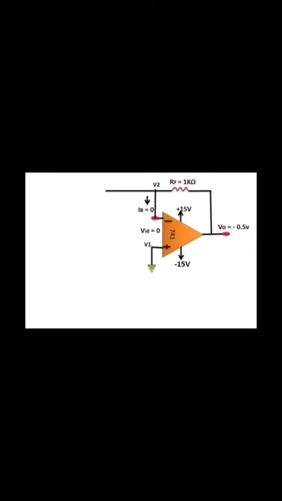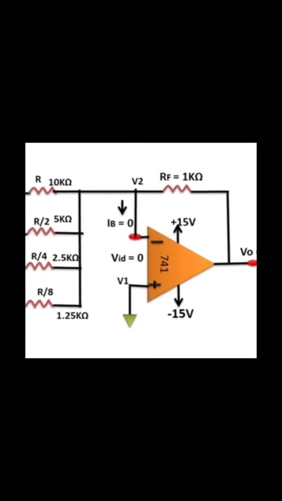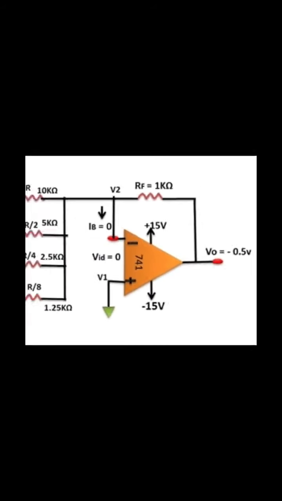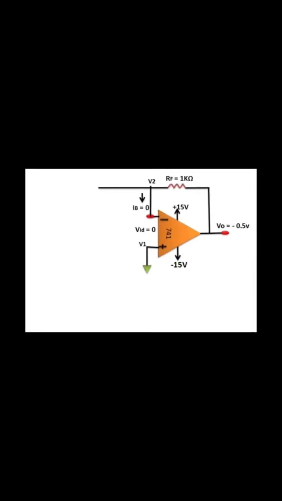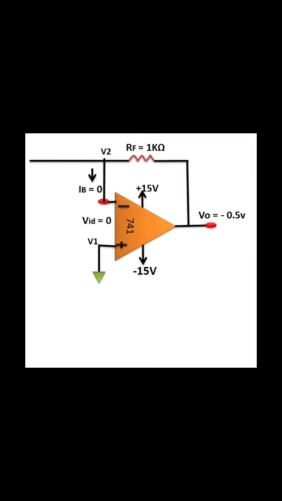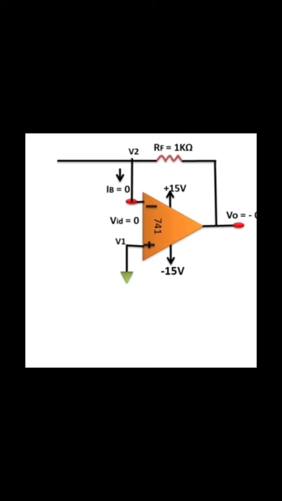Taking the first half part, you can see that the voltage applied to the non-inverting terminal is V1, which is nothing but grounded.